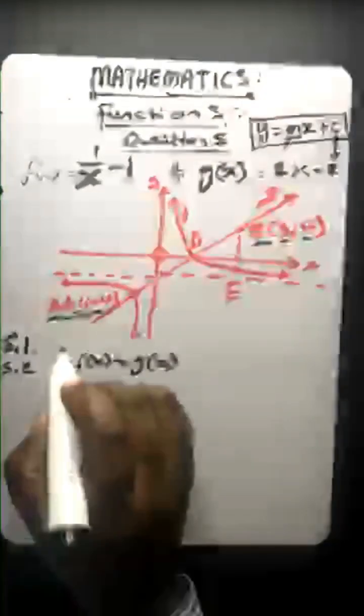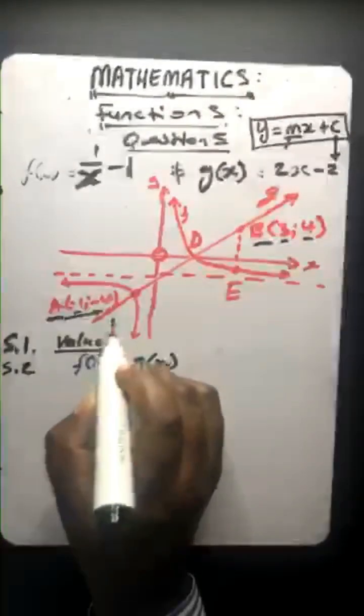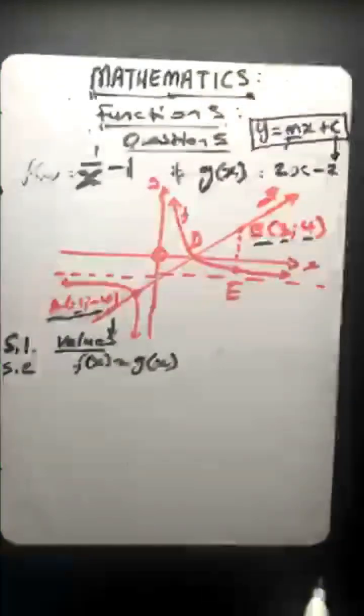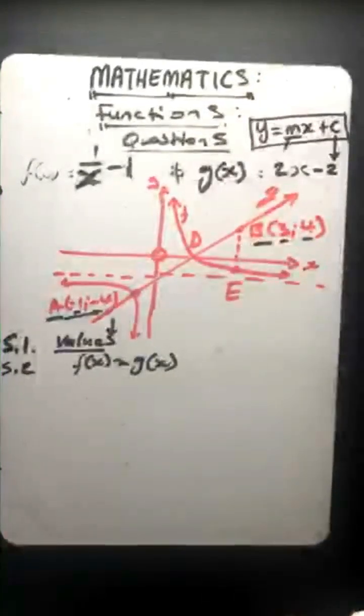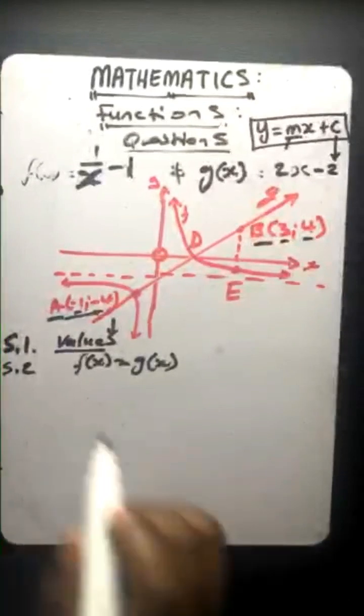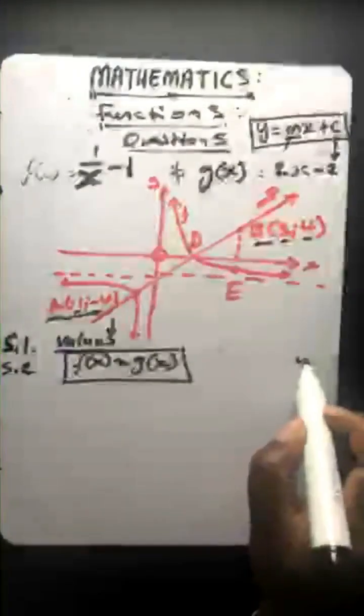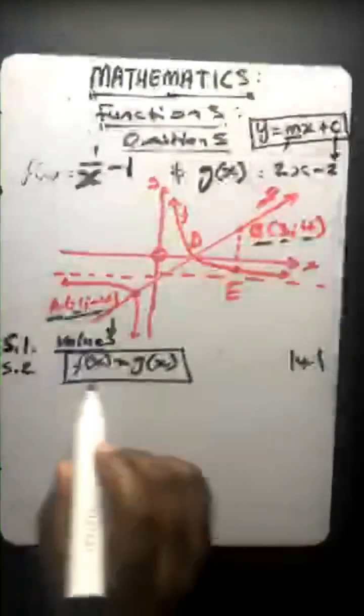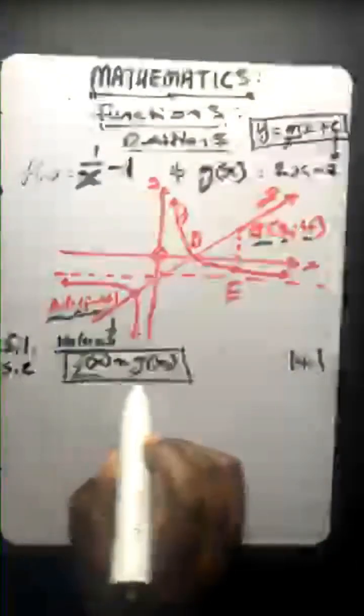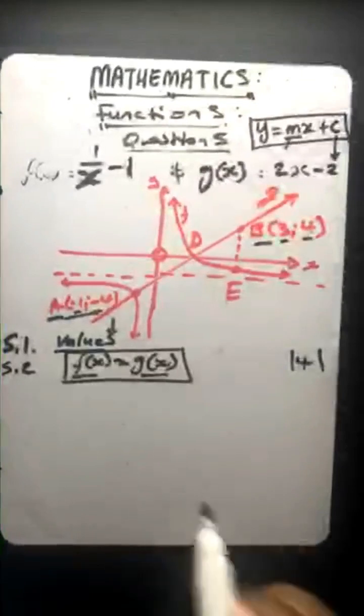The values, that S means you're going to have more than one possible answer. But this type of question is easy. They look difficult, but they are easy. Why? Because already they are saying equate f of x with g of x and solve for x values.